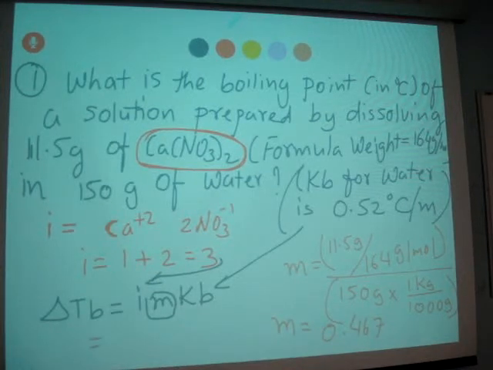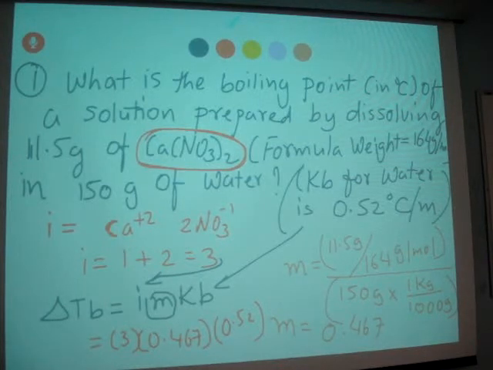So now we plug that value in. I equals 3, small m is 0.467, and K B is 0.52 degrees Celsius divided by m.